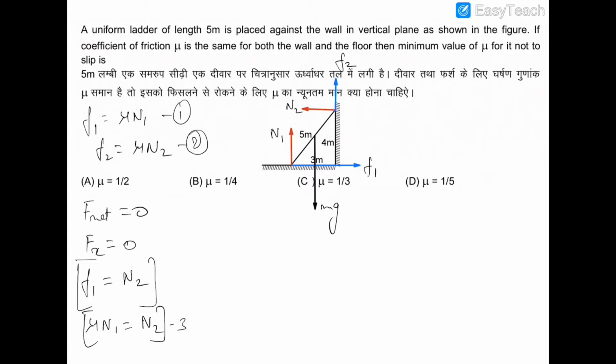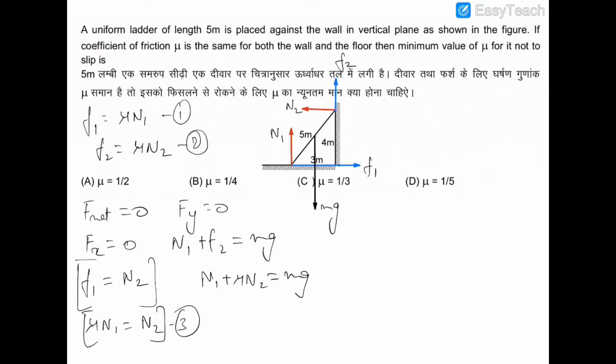This is the third equation. And similarly Fy is equal to 0, therefore N1 plus F2 is equal to mg. So this F2 is equal to mu N2, so N1 plus mu N2 is equal to mg.